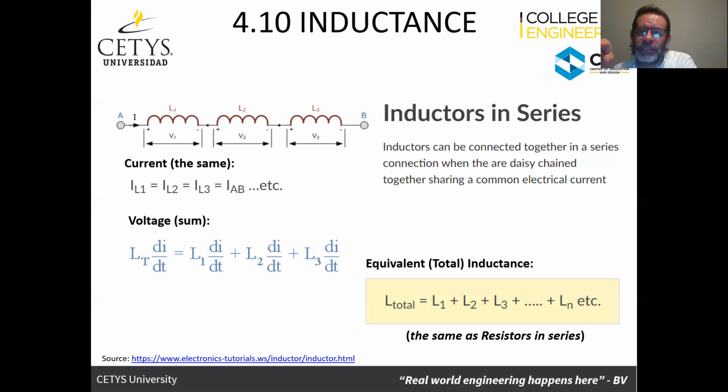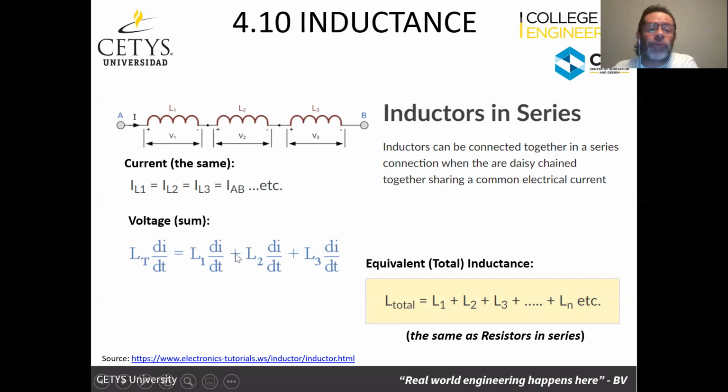However, if I have inductors in series, how I have them there, I've got the inductance. There's a current going through the inductors, and there are voltages across each inductor. The current going through the inductors has to be the same because they're in series. That still applies. And we know that the inductance multiplied by the differential of current with respect to time, the rate of change, a derivative, is the voltage.